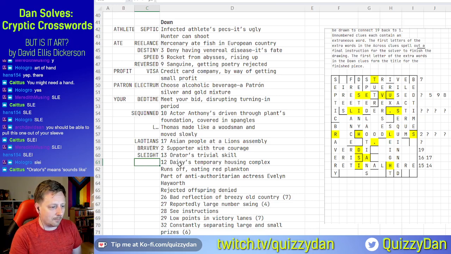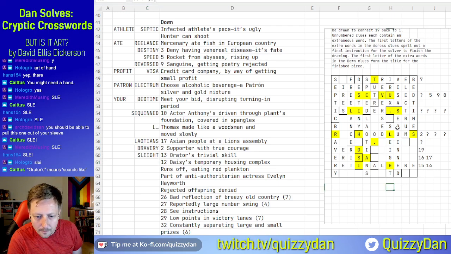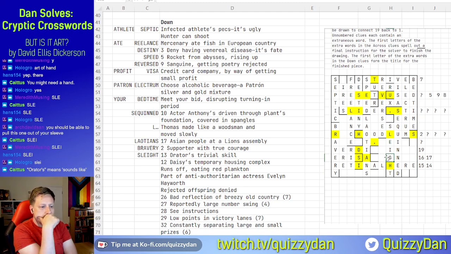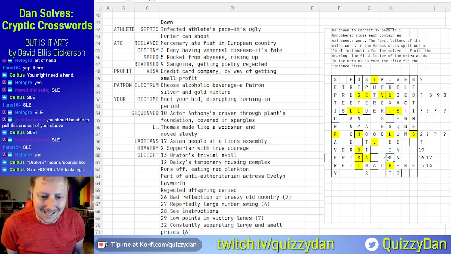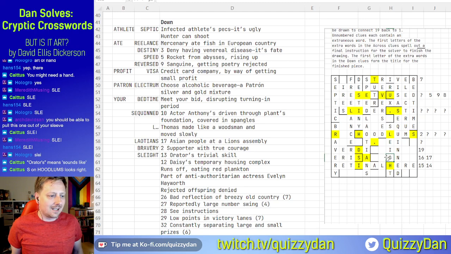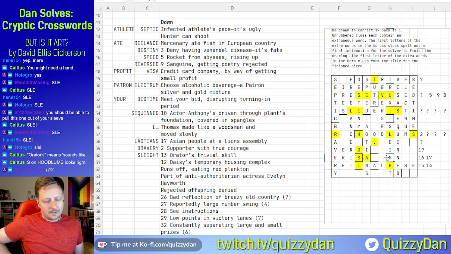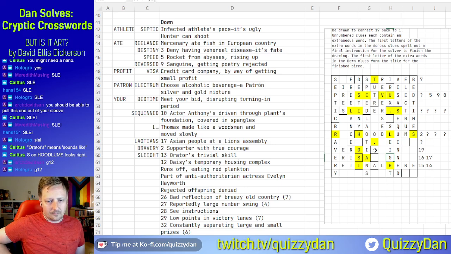Daisy's temporary housing complex. Now, where's this one going to go? Here. Estate. We know, because that H is 14, we know that this is 13 as well, actually, don't we?